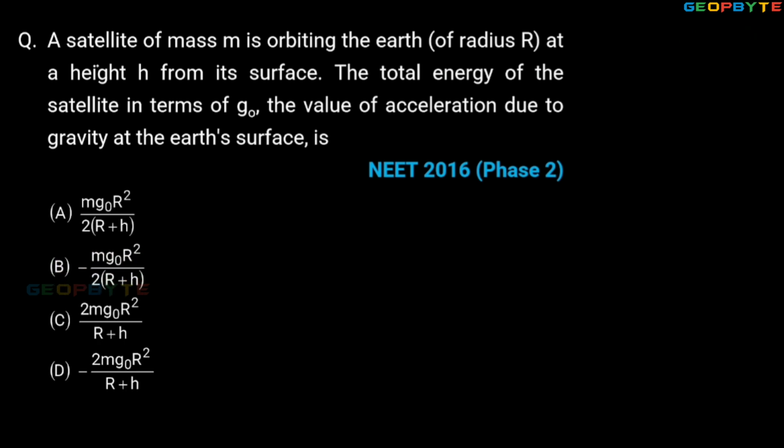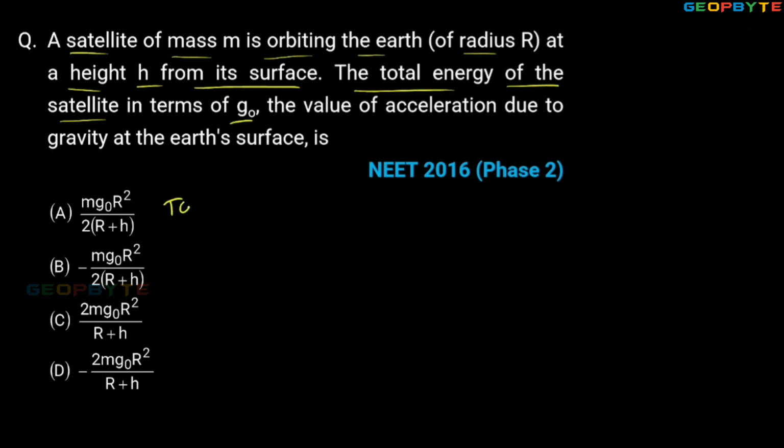Then let us take another important problem. Asked like this. A satellite of mass m is orbiting the earth at a radius of r. The earth radius is given as R, at a height h from the surface of the earth. The total energy of the satellite in terms of g naught.